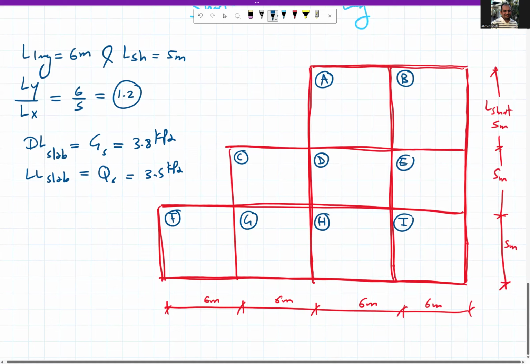So let's start first with calculating the loads on this slab.